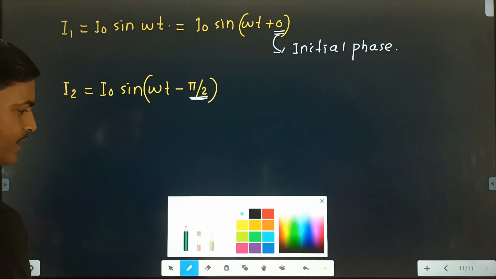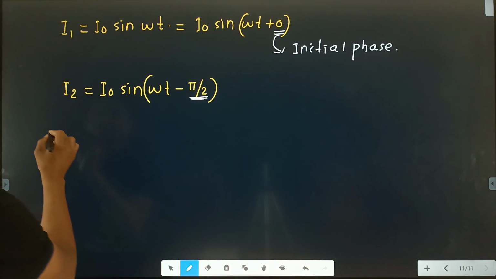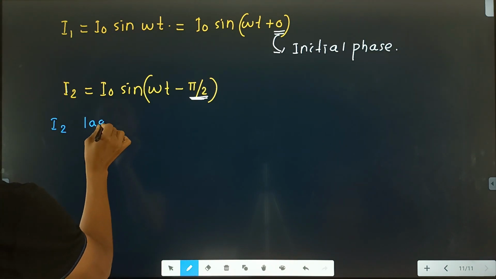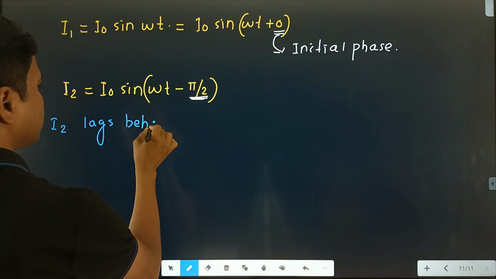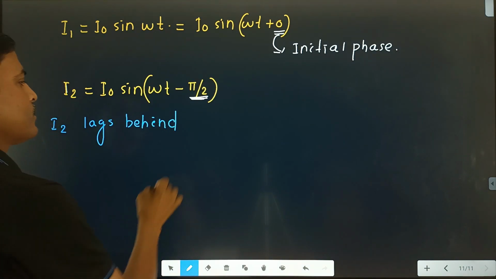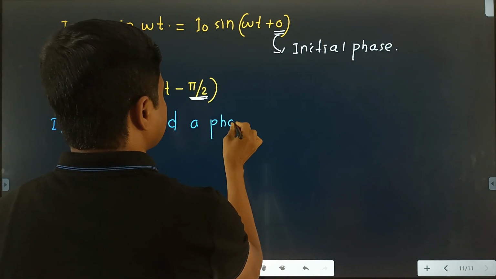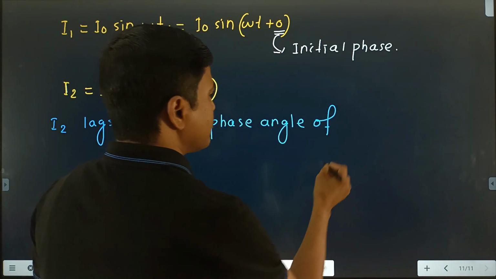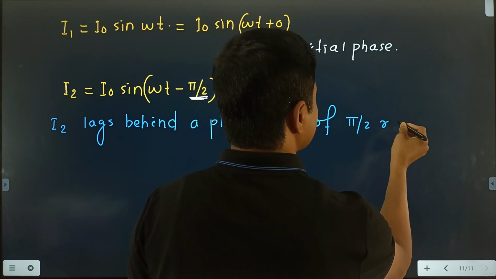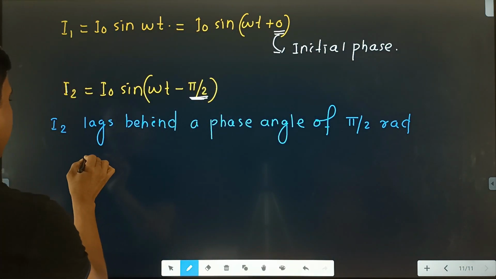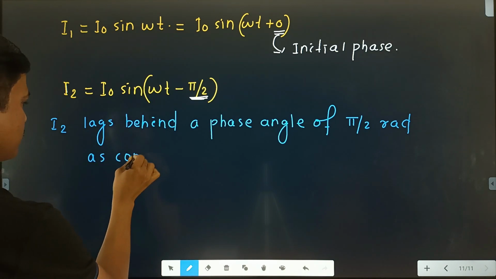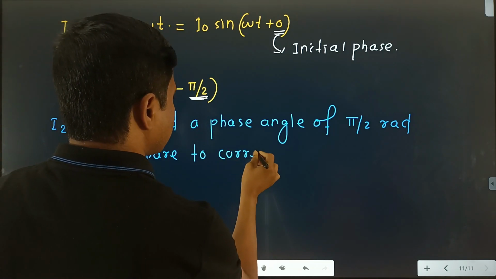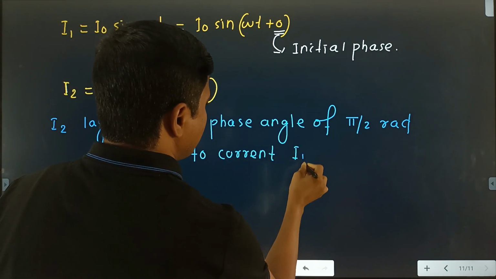That means simply write I2 lags behind a phase angle of pi by 2 radian as compared to current I1.